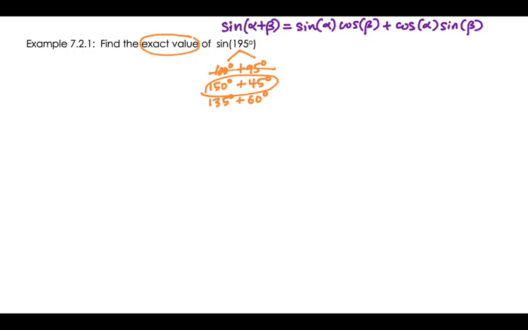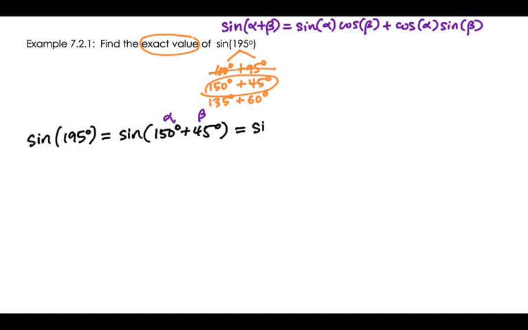All right, so I'm going to take sine 195, which is what we want to find out, and I'm going to think of it as sine 150 plus 45. Then 150 is going to be my alpha, 45 is going to be my beta in that formula. So we're just going to plug into the purple formula up at the top, just plug and chug.